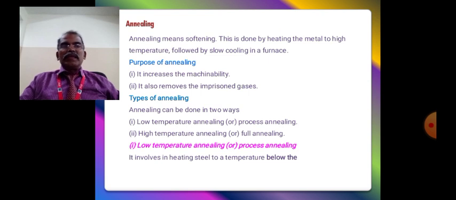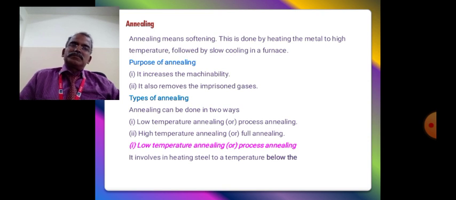What is annealing? Annealing means softening by heating. This softening is carried out by heating the steel to a high temperature followed by slow cooling in a furnace.